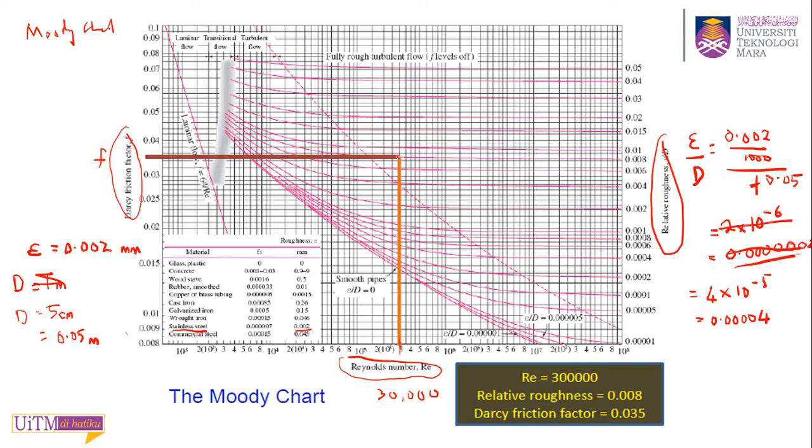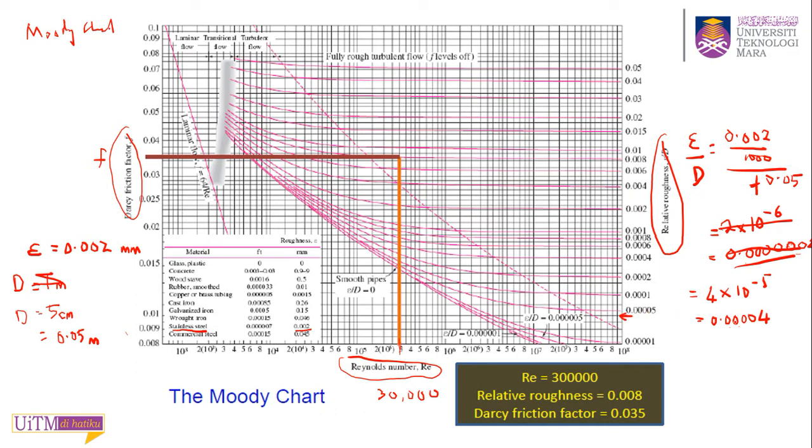Draw a line upwards, and your relative roughness 0.0004 is somewhere here, this is 0.0005, this is 0.001, so your 4 is here.